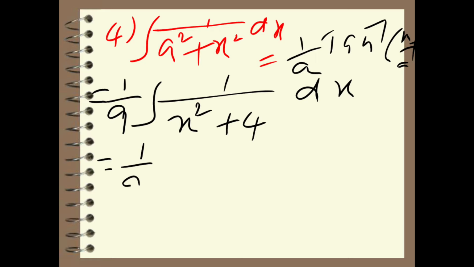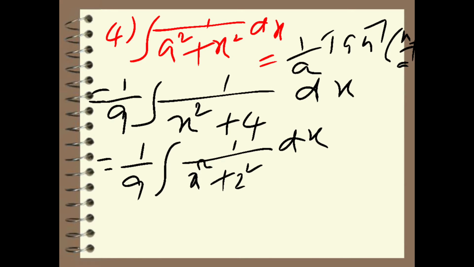Now how do we write? Integration of 1 by 9 into 1 by x square plus 2 square into dx. Now it is clearly of the form 1 by x square plus a square. As I told you, 1 by x square plus a square is equal to 1 by a square plus x square. So 1 by 9 of, according to the formula, 1 by a.